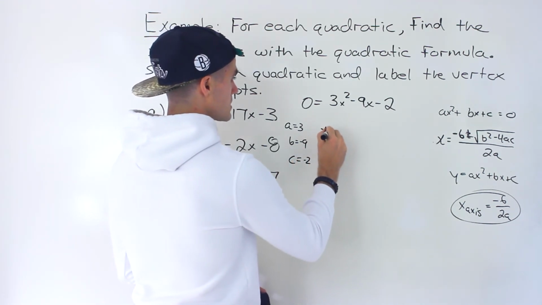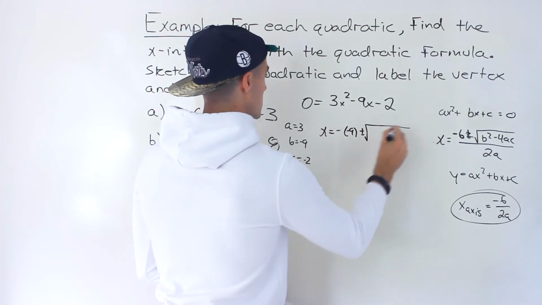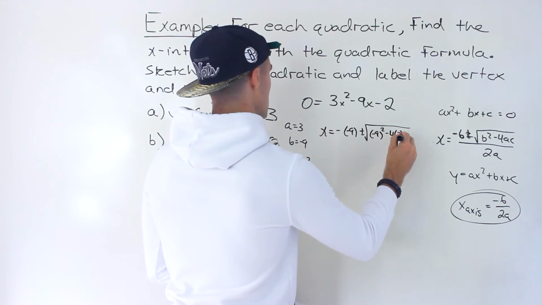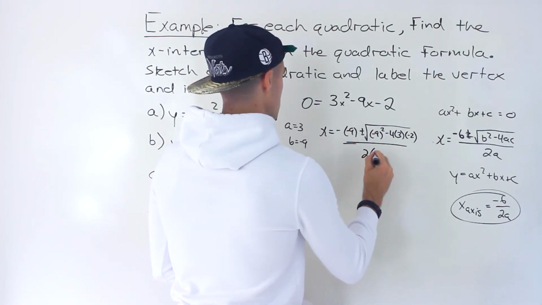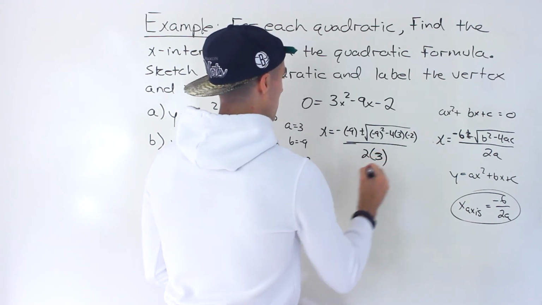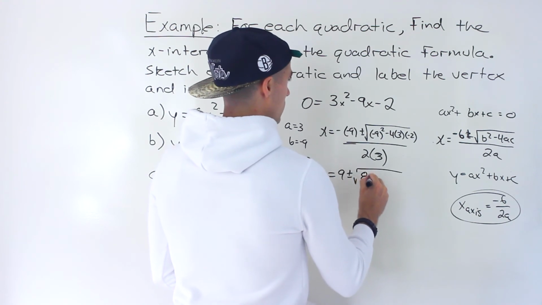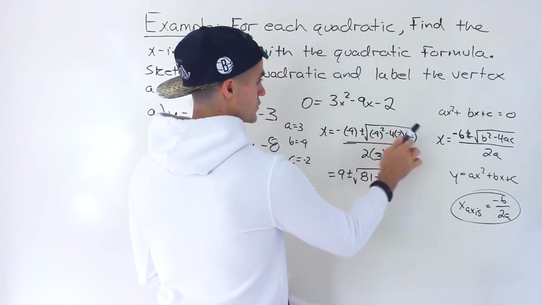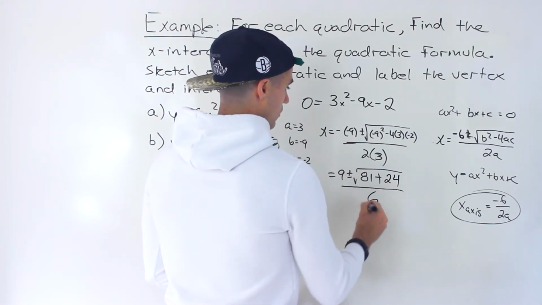Plugging these in, we'd have negative 9 plus or minus negative 9 squared minus 4 times 3 times negative 2, all over 2 times the a value of positive 3, which would give us 9 plus or minus 81 minus, or no, positive, because the two negatives would make a positive. This would be 24, all over 6.